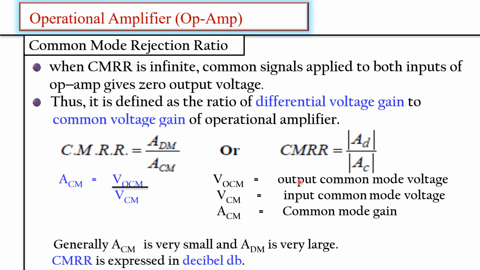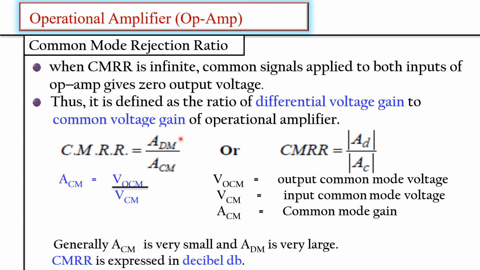Clear? So what is CMRR? The ratio of the output voltage divided by the input is always less than 1. This ratio or gain is commonly known as the common mode gain of the op-amp.